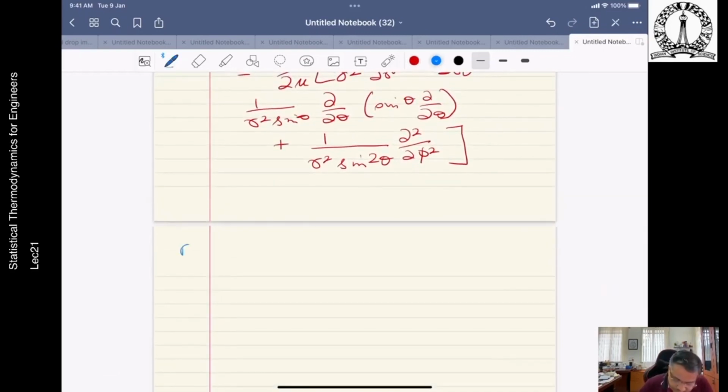So for a rigid rotor, R is invariant. That means it is fixed.